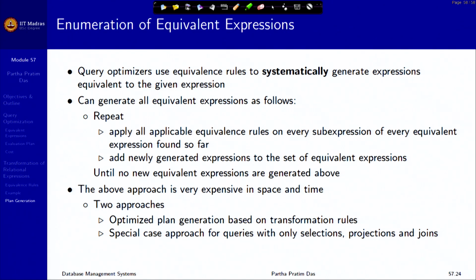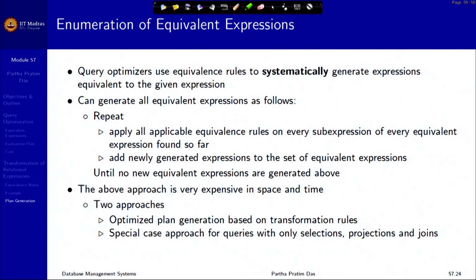So, the time taken to optimize cannot be so large that the benefit of optimization is lost or the query actually slows down, because you might be able to find a very optimal way to do the query, but the time you have taken to optimize is so large that your net effect is nulled.